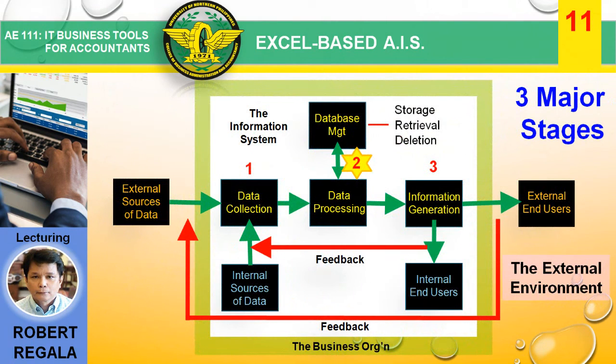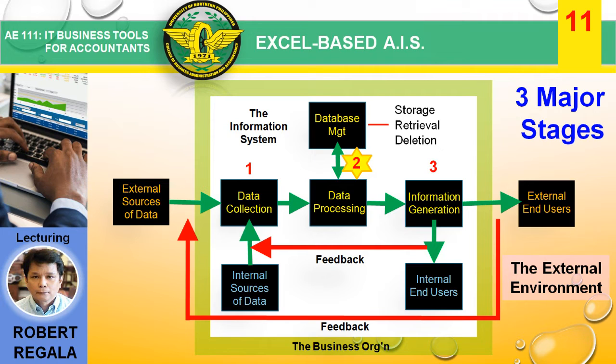Database management as part of the data processing stage involves three fundamental tasks. 1. Storage, 2. Retrieval, and 3. Deletion. The storage task assigns keys to new records and stores them in their proper location in the database.